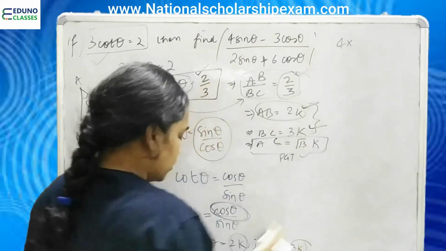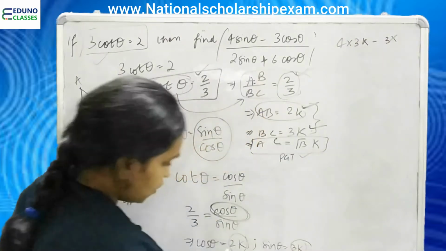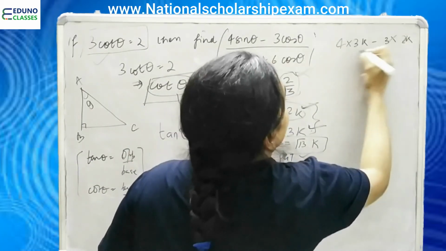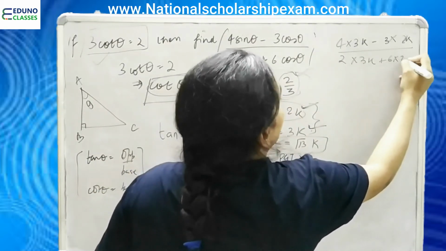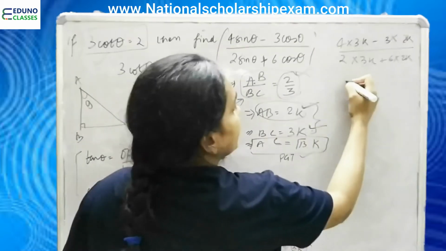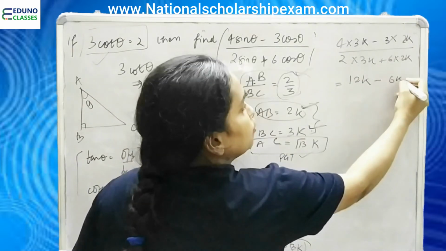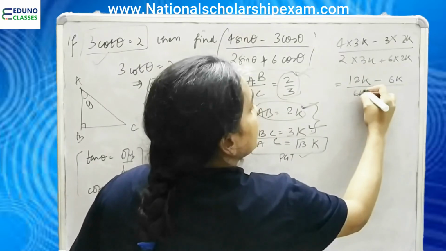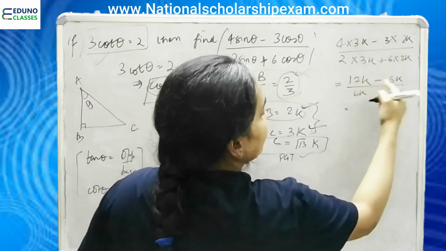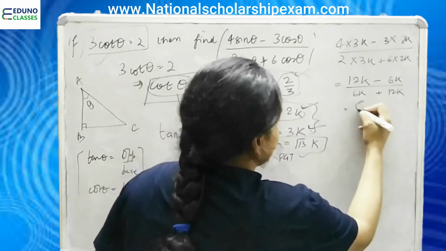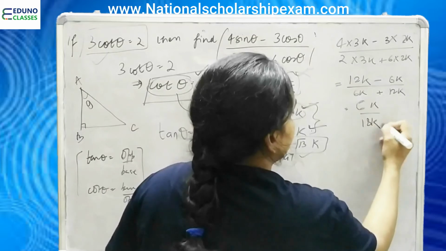So, 4 into sine theta 3k minus 3 into cos theta 2k, and then 2 into sine theta 3k plus 6 into cos theta, that is 2k. Solve. It will be 4 into 3, 12k, minus 3 into 2, 6k, 2 into 3, 6k, plus 6 into 2, 12k. Simplify. 12k minus 6k will give 6k. 6k plus 12k will give 18k.